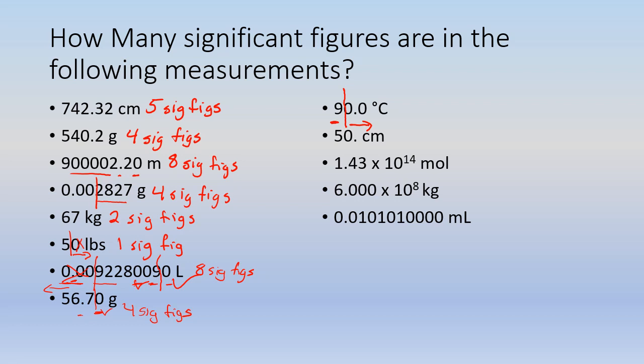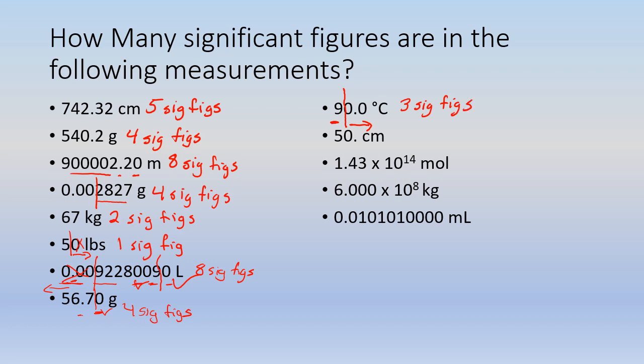Both zeros come after the last non-zero digit, but we notice the decimal there, meaning that zeros coming after the last non-zero digit will be significant, meaning all 3 of these are significant for 3 sig figs in this measurement.